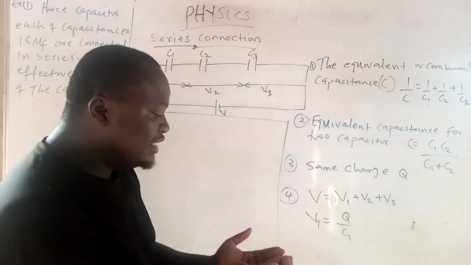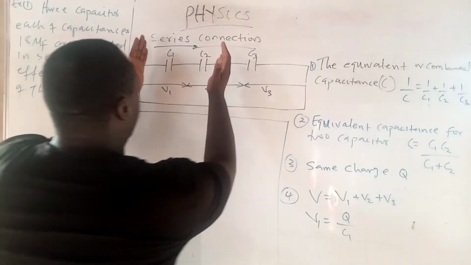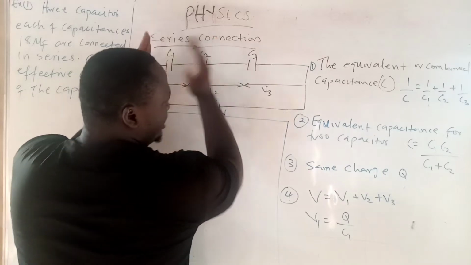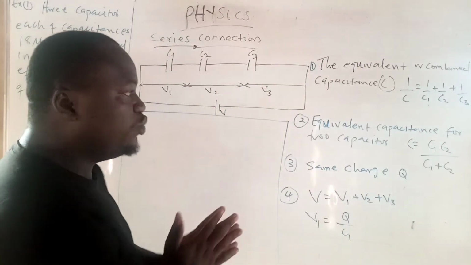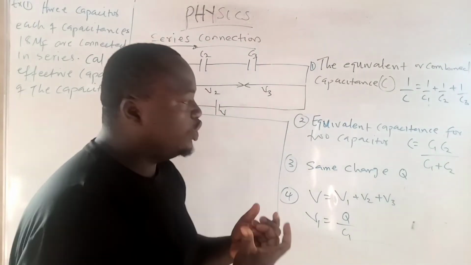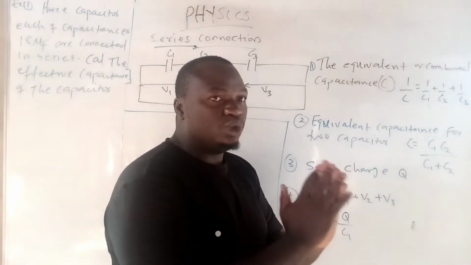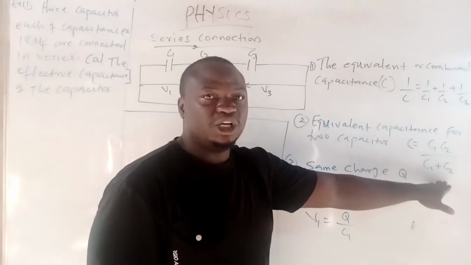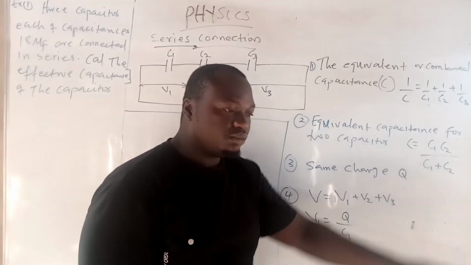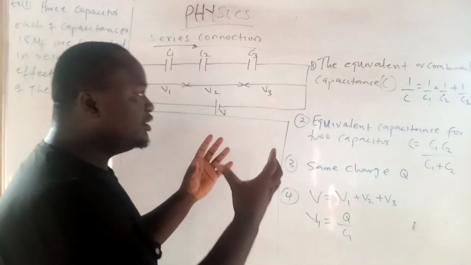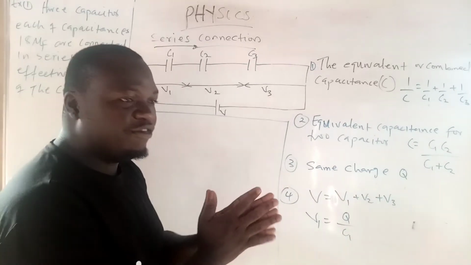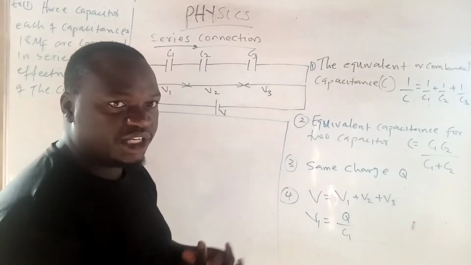And I went ahead and said, if you have two capacitors arranged in series, the easiest way to get the equivalent or combined capacitance is first the product of the two capacitors, and then divide by the sum of the two. Look at it here. In the course of this video, I will be doing a lot of examples for you to catch up with what I'm saying.